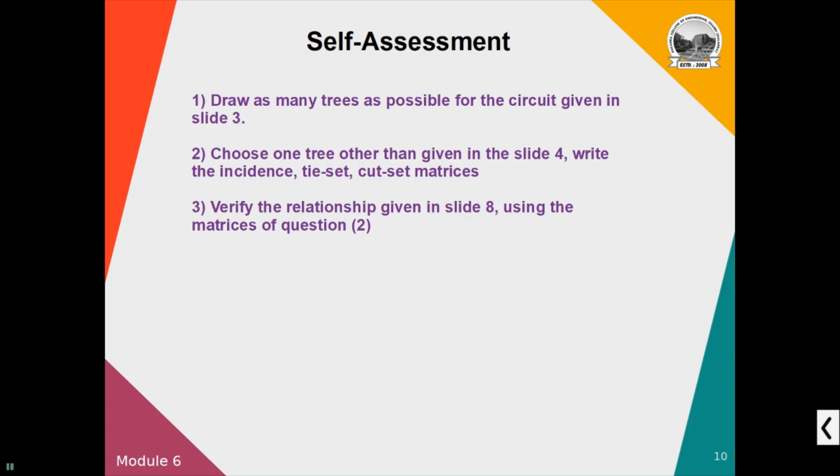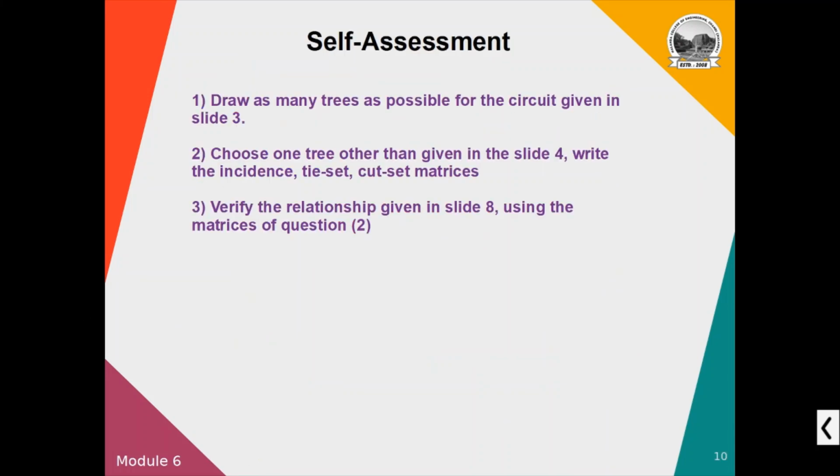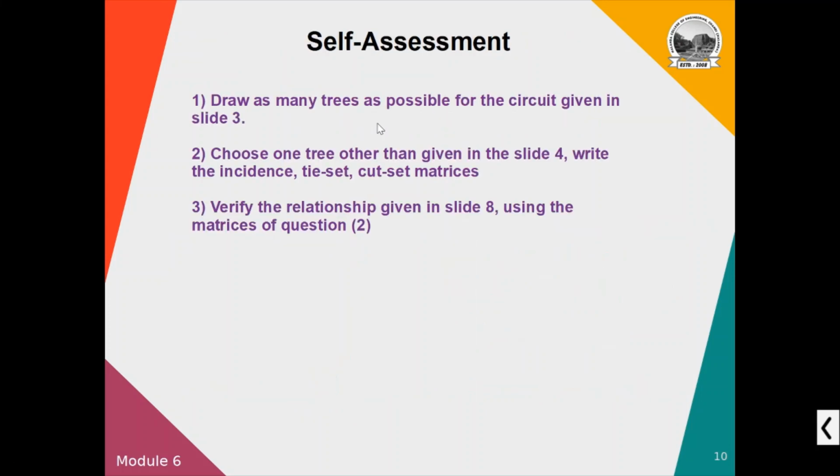Then write the incidence matrix, tie set as well as cut set matrices. After deriving A, B, C, you have to verify this relationship: matrix A into the transpose of B, you should get 0. So you can verify this relationship. These are the self-assessment questions for this lecture.